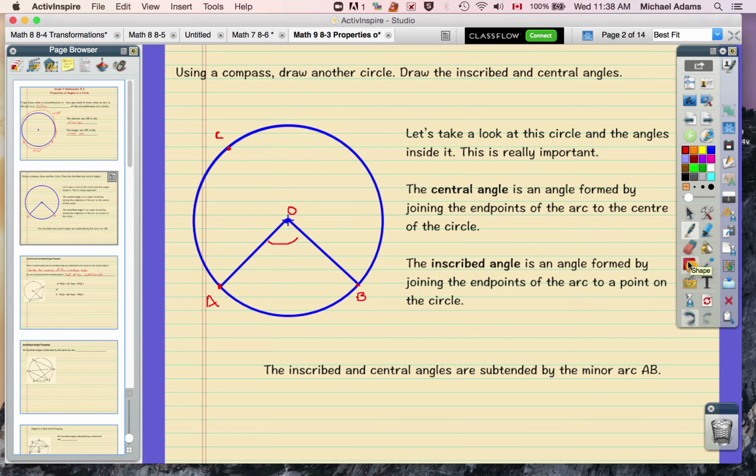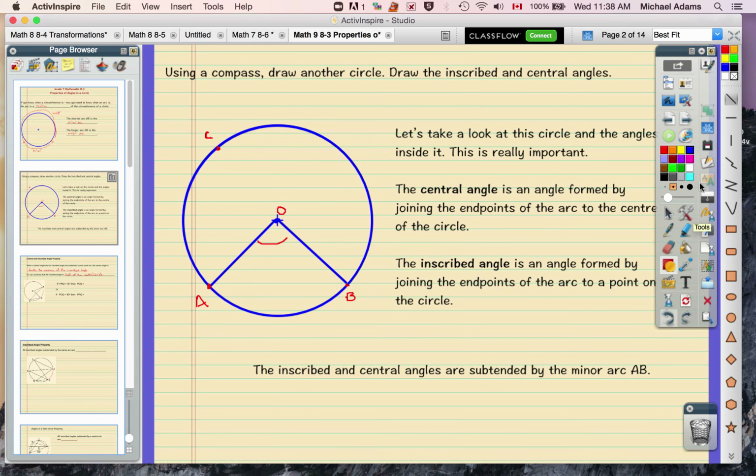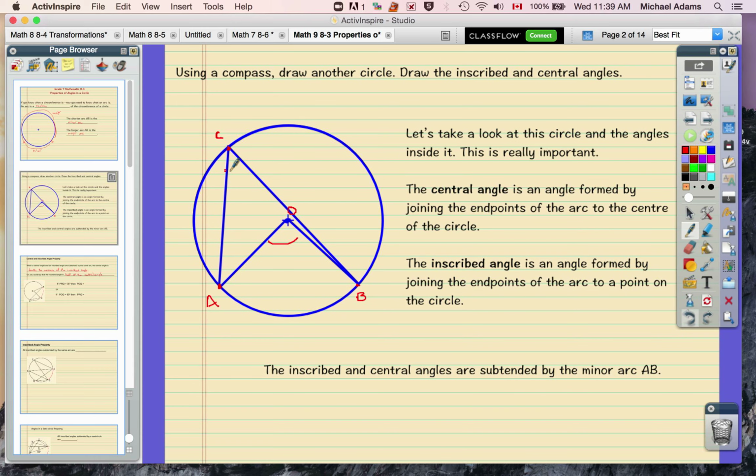We're going to connect points A and B to C. So if I take this point A connected to this point C and this point B to C here, now what I've done is I've created another angle. And in this situation, this angle here is called the inscribed angle.